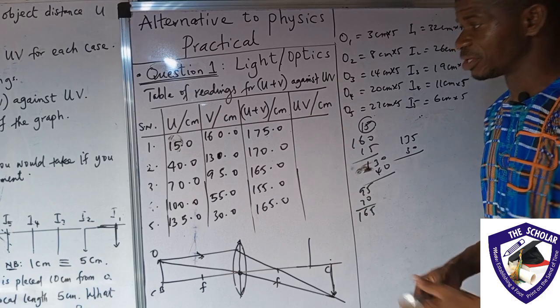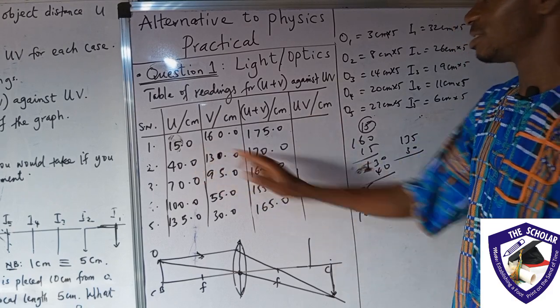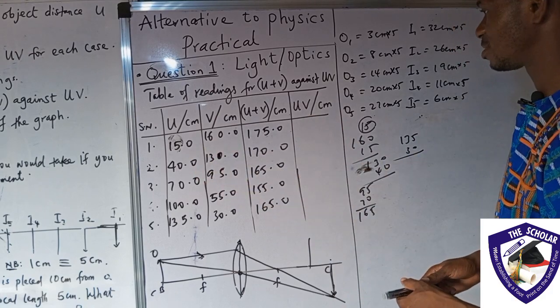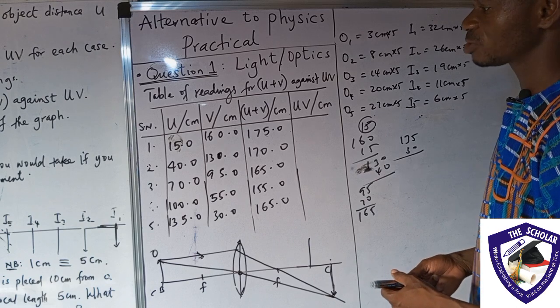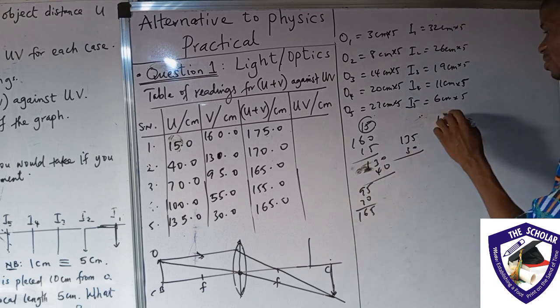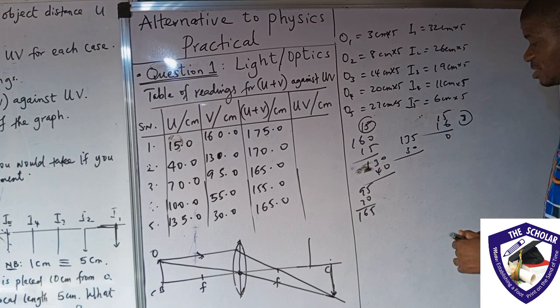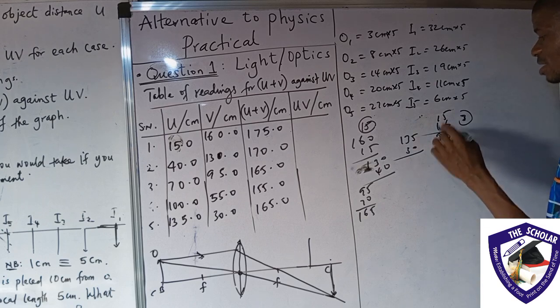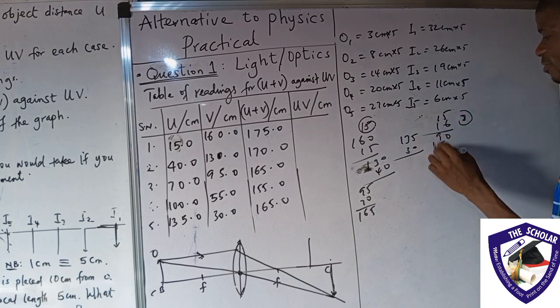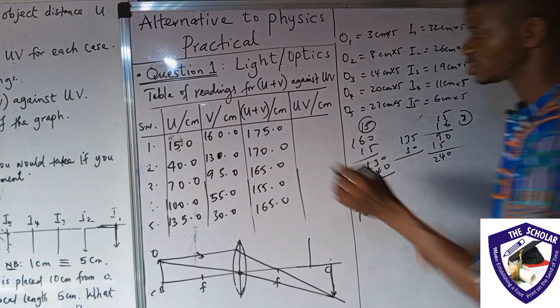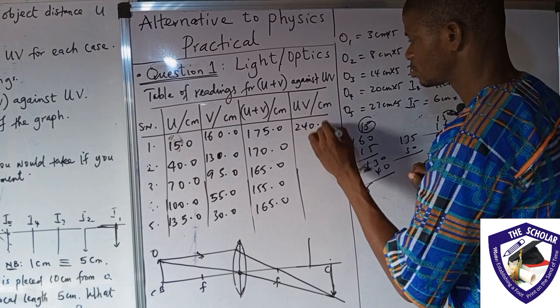Then for the UV, we are multiplying this and this. So that will be the first one, 160 times 15. 6 times 5, 30. 6 times 1, 6. That's 240.0.